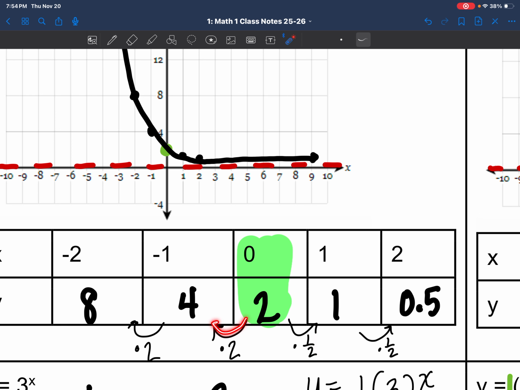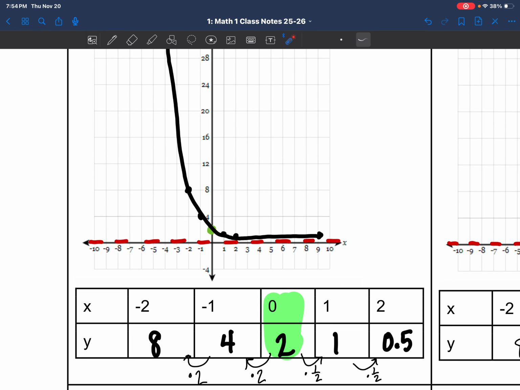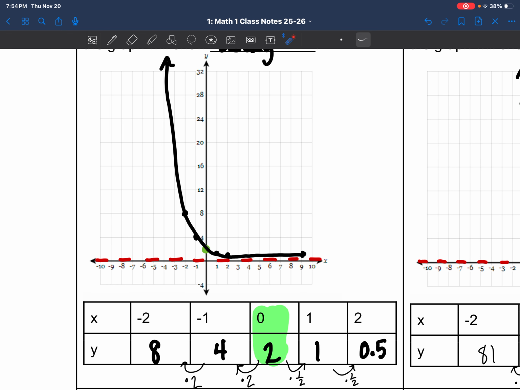So to go backwards this way, we did the reciprocal. So we're going to multiply by 2, multiply by 2, and then now we have all our points. So after we've graphed our asymptote, we're going to graph our y-intercept, and then -2, 8, -1, 4, and then 1, 1, we're going to approximate to be about there, and then 2 and 1/2.